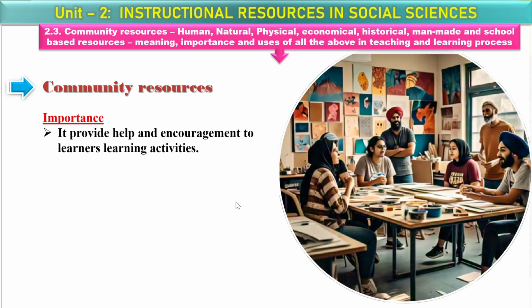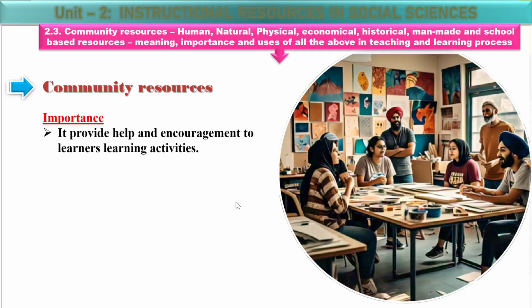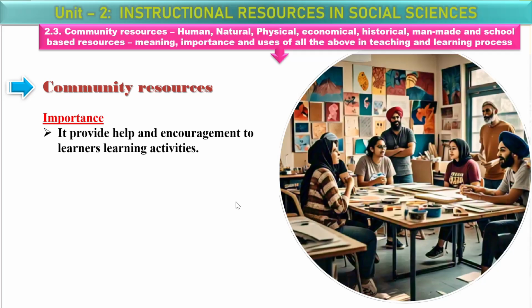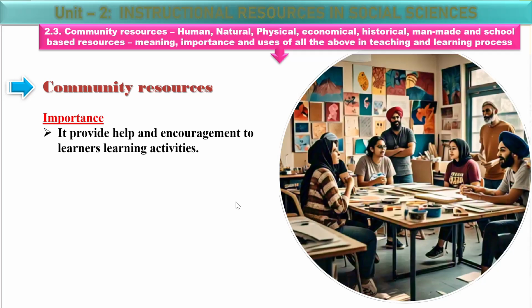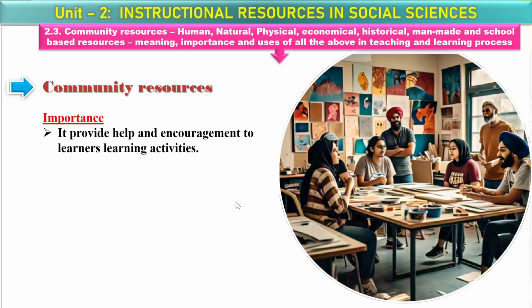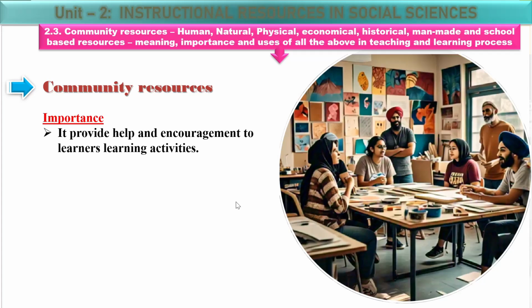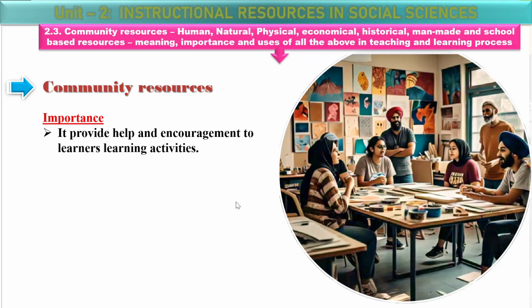Or we can have a cultural fest, events in the school where we can involve the community. We can invite artists, theatrical people. What we are doing is bringing the community to the school, because school is a part of the society's community. We are taking the community's help to make learning more practicable.